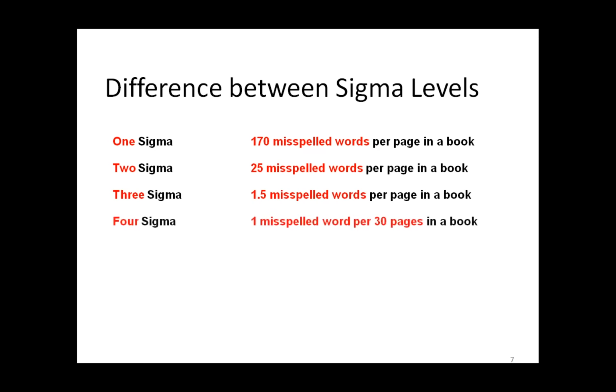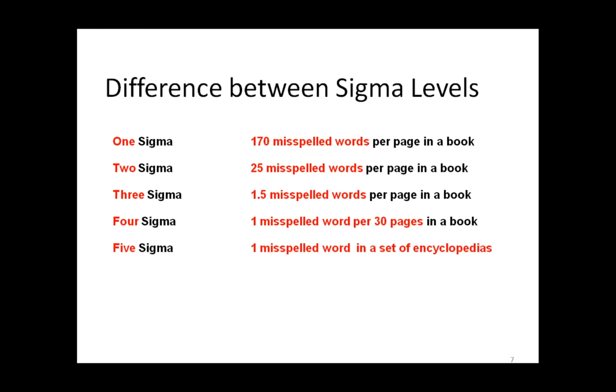As we graduate to 4 sigma, one misspelled word per 30 pages in a book. So now we are really talking quality here. It's really error proofing and getting into the place where there's no scope of any mistakes. As we go further up, 5 sigma, it's one misspelled word in a set of encyclopedias.